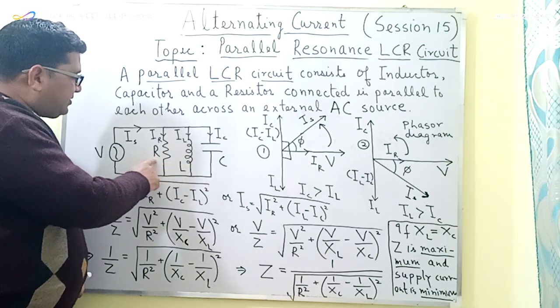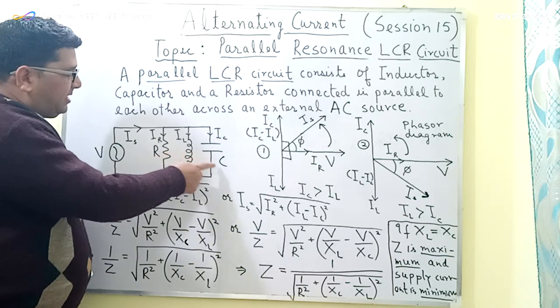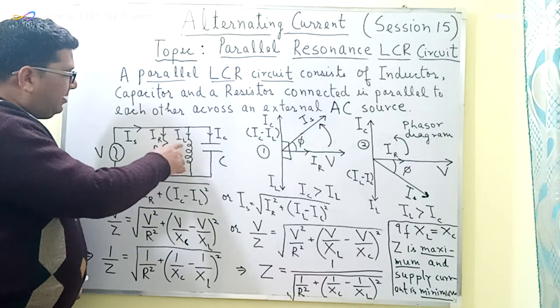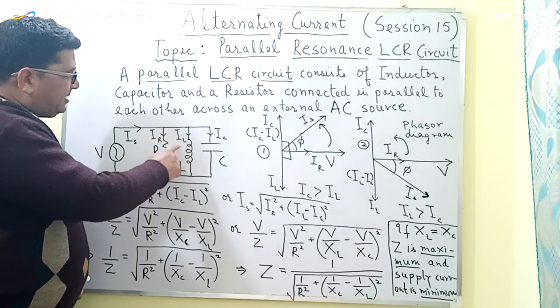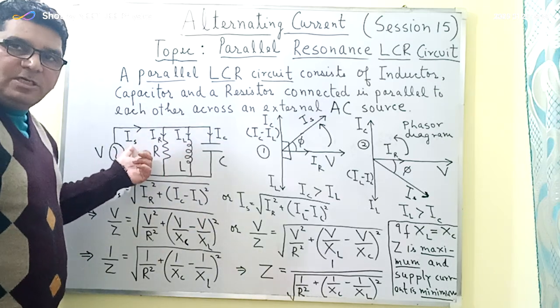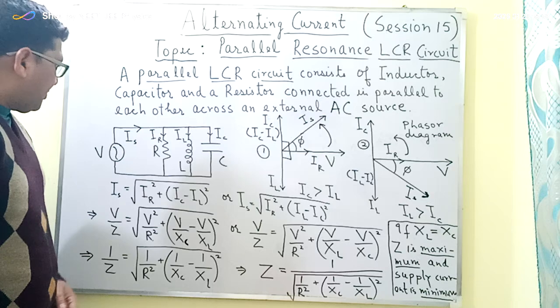This is the resistor, this is the inductor and this is the capacitor. The current flowing through the resistor is IR, the current flowing through the inductor is IL, the current flowing through the capacitor is IC, and IS is the total supply current.